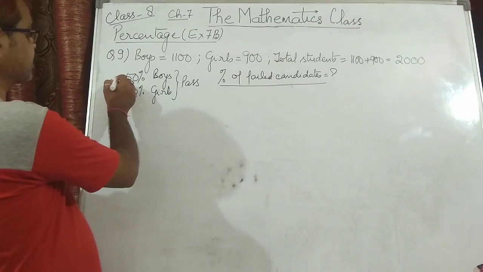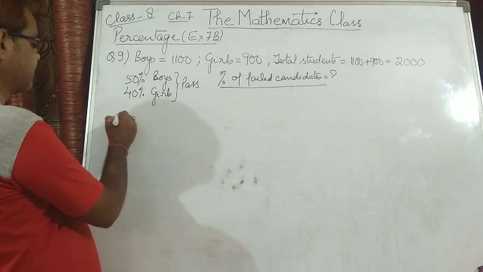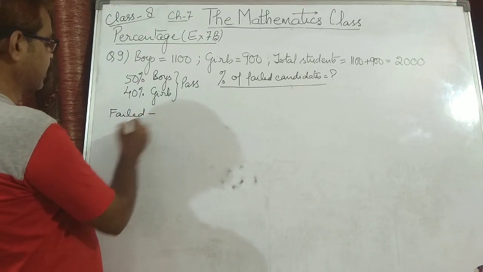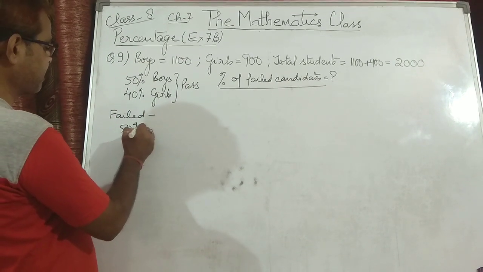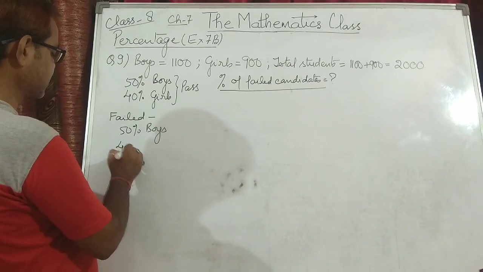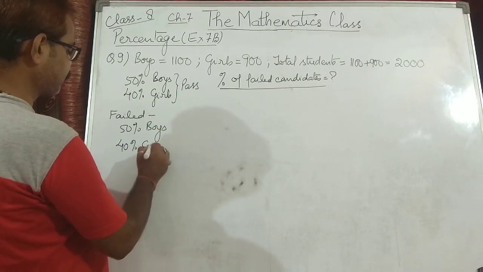If 50% boys passed, it means 50% boys failed, and if 40% girls passed, then 60% girls fail.